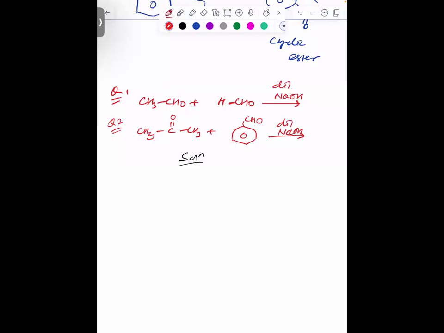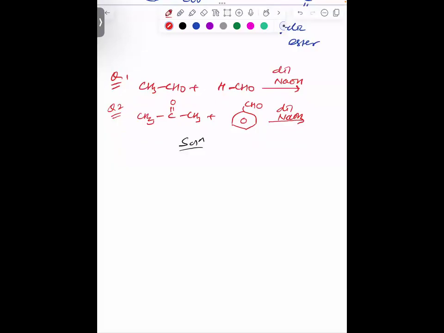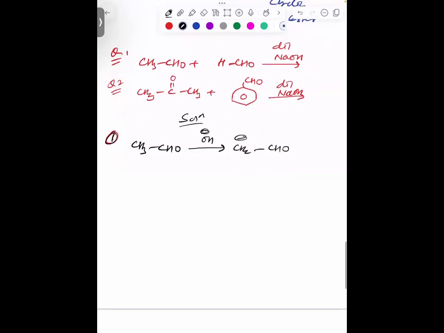So ethanol contains acidic hydrogen, and in the presence of dilute NaOH, what will happen? The acidic hydrogen will be released to form the carbanion. This is the first step.